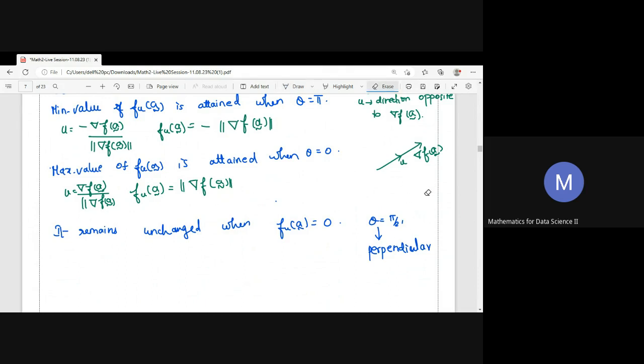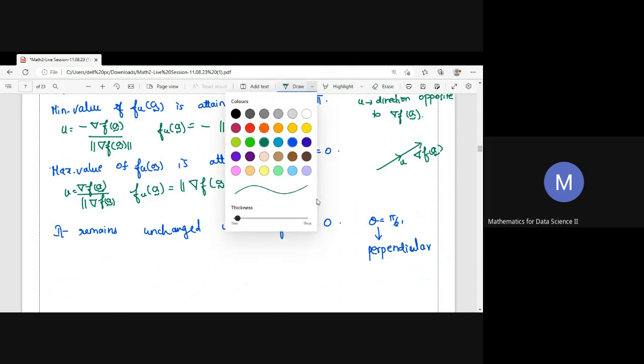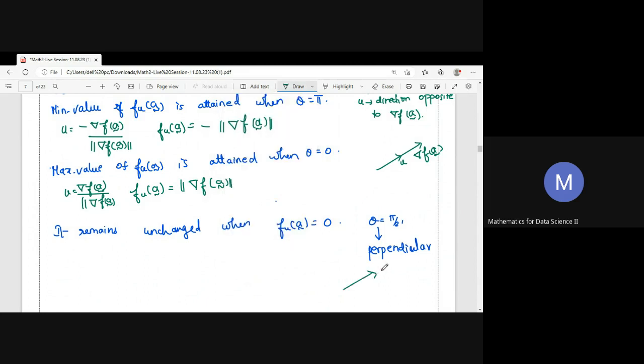Let me write it in green. If this is del f of a tilde, then this is your direction pi by 2, and in this direction it is 3 pi by 2 actually. Anyway, it is a perpendicular vector. That is what we need to understand.